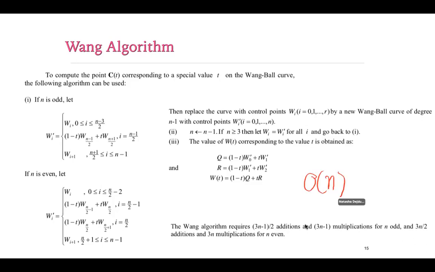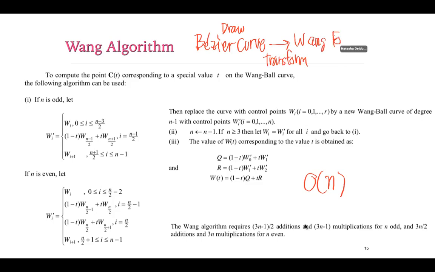So there was an idea that if we want to draw a Bezier curve, we can transform or convert it into Wang form. What does it mean by Wang form? We will create the same curve but using a different algorithm.